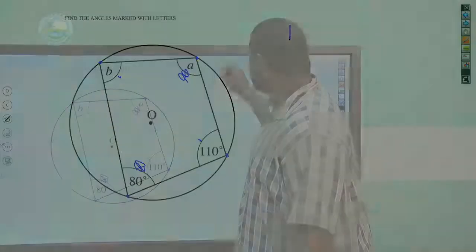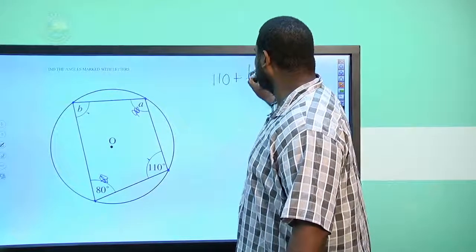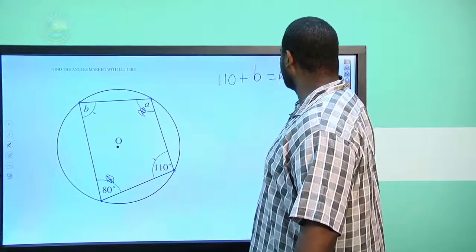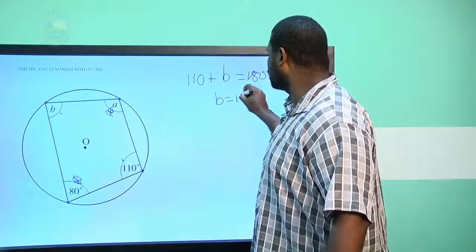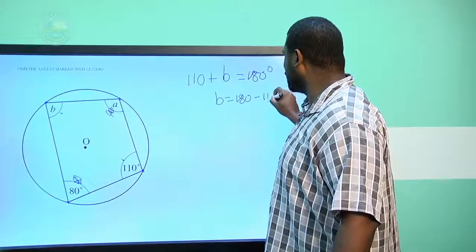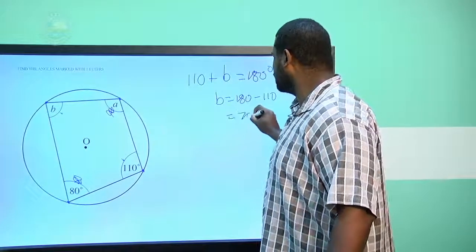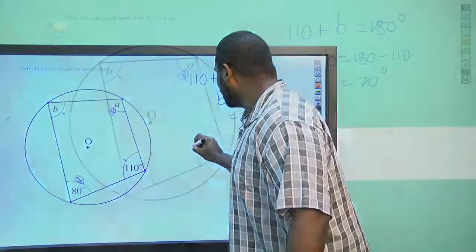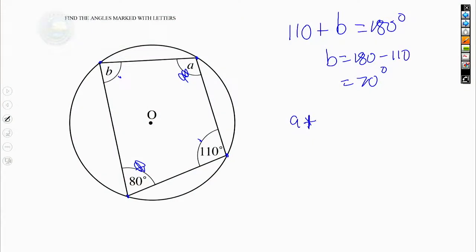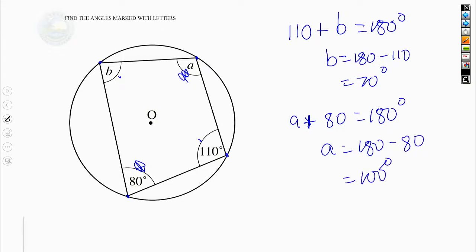So 110 plus angle B will be equal to 180 degrees. Thus, to find angle B, it will simply be 180 degrees take away 110, which is 70 degrees. Similarly, angle A plus 80 degrees will be equal to 180 degrees. So angle A will be 180 take away 80, which is 100 degrees.